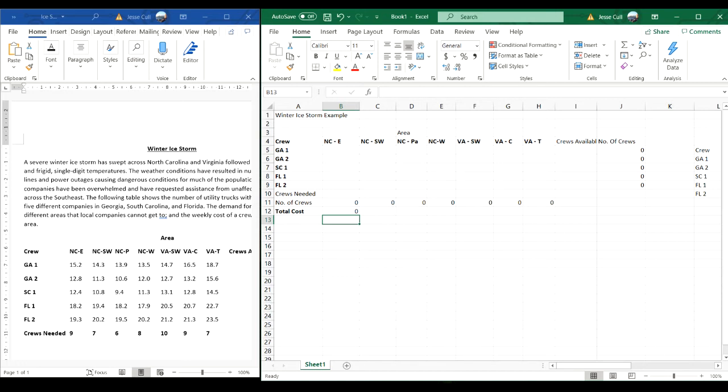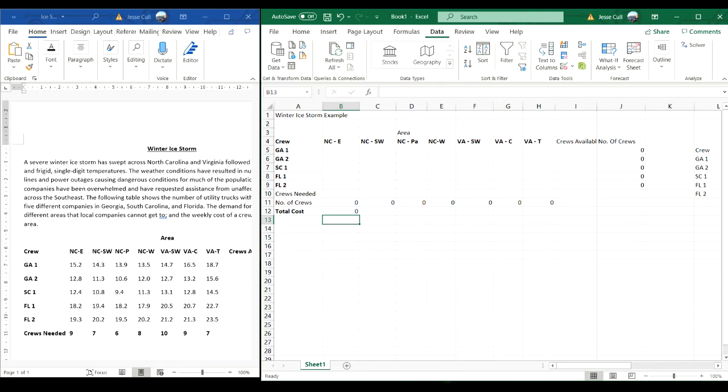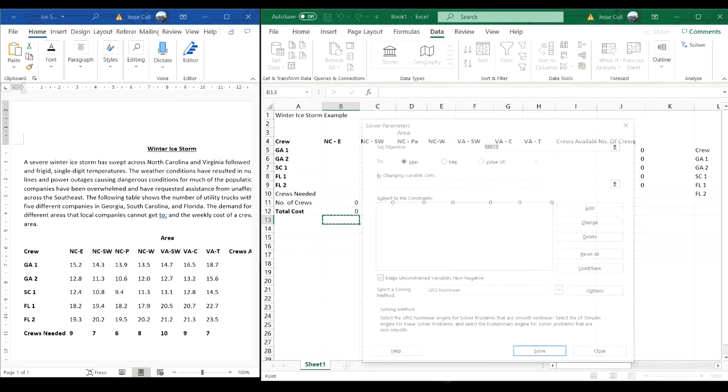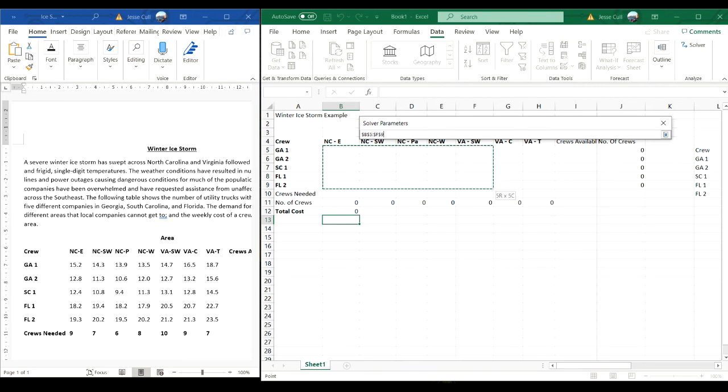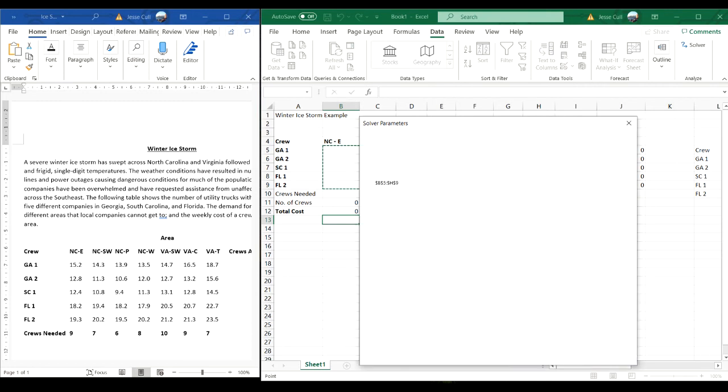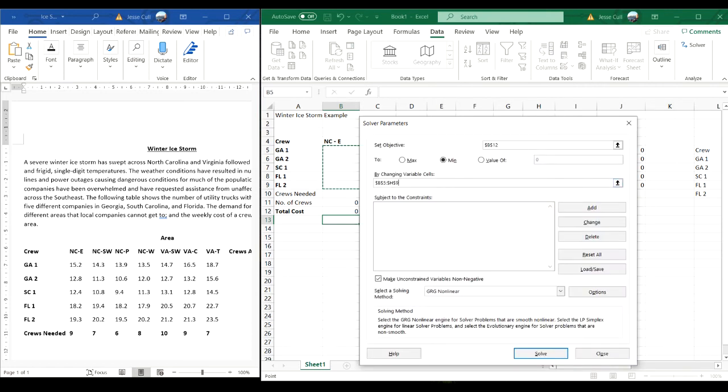Once we've done that, very simply, we open the data solver. Our total cost is what we're attempting to find, so we erase this, and we bring it down here, B12. We're trying to minimize. And our variable cells, as I mentioned before, in this situation, we have 35 different variable cells. That would take quite a bit of time to calculate manually. So that, thankfully, we do have the computer.